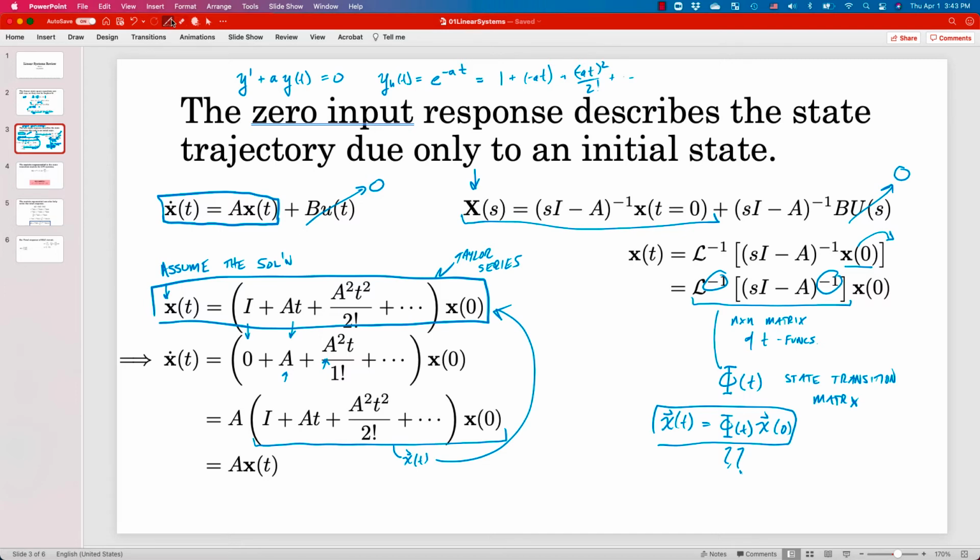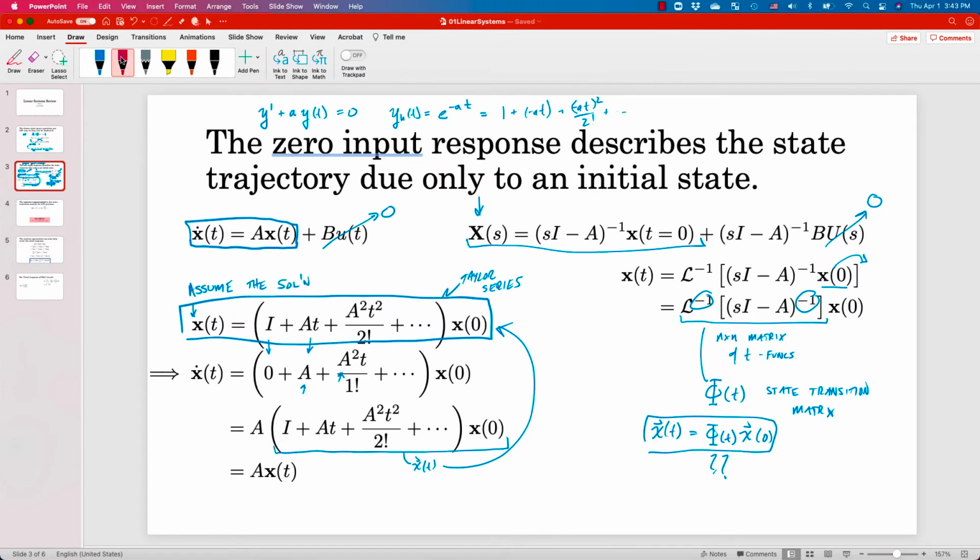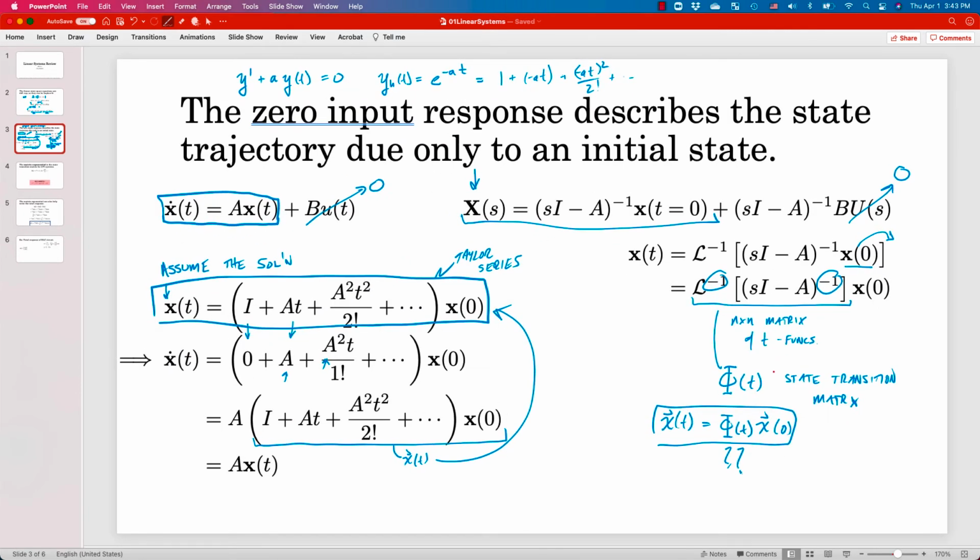And so this is the big takeaway: this box is equal to this box, which means that we finally have an expression for the state transition matrix. It has to be this parenthetical.